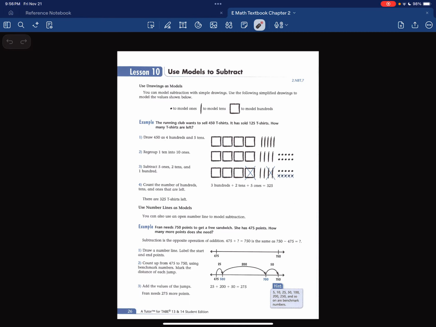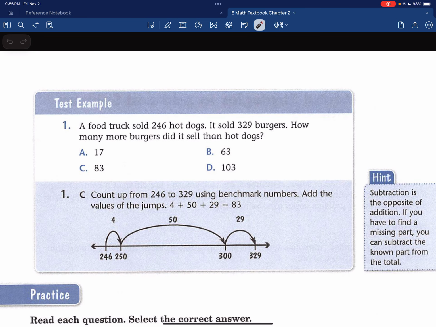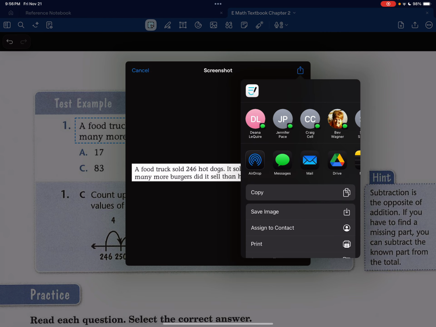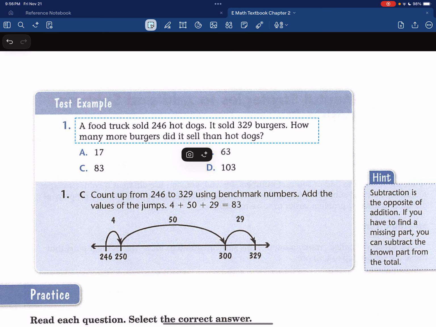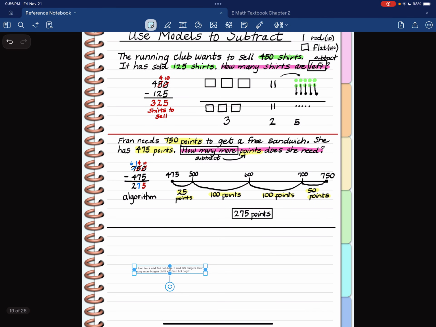Okay, let's look at page 27. And here is a test example. I'm going to work this in my notebook just as one more example, and I'm going to do it both ways. So let's go back here, paste it down, and I'm going to copy it into my notes.